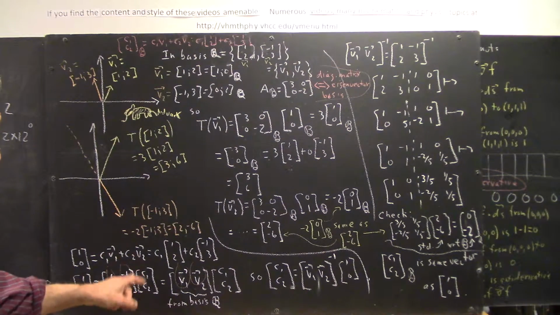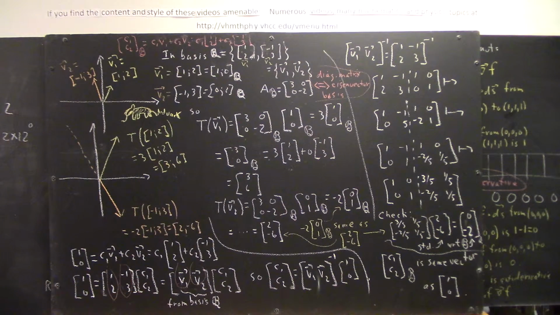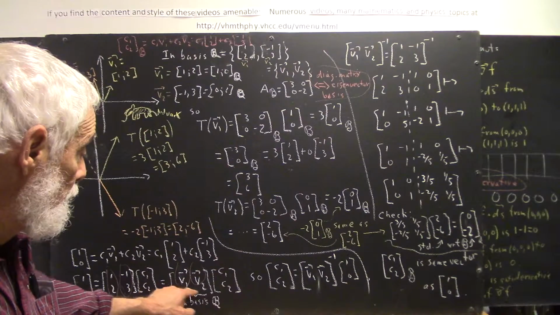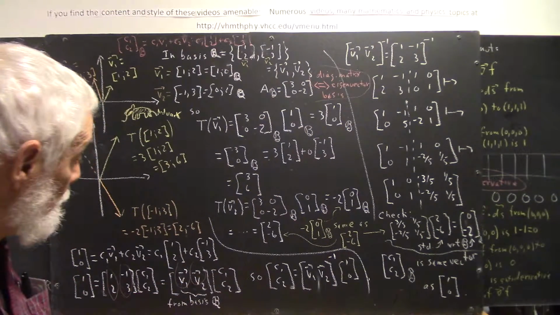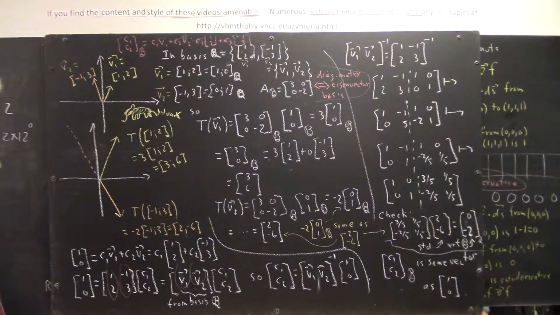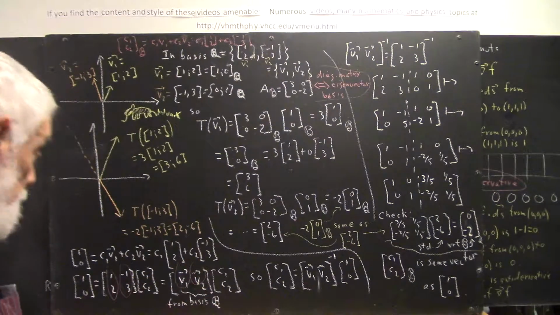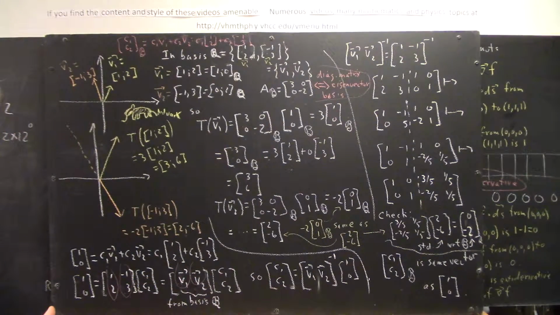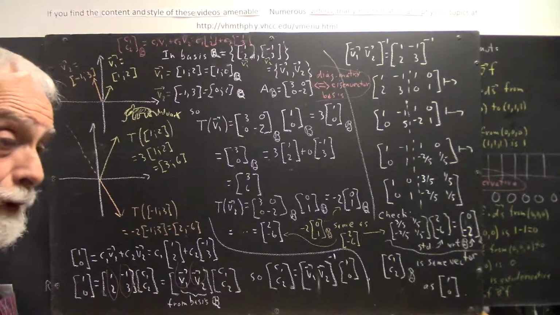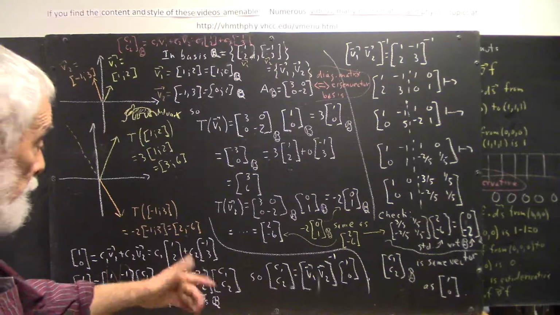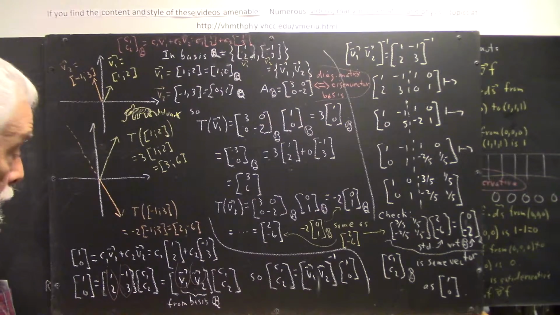To solve for C1 and C2, we just have to find the inverse of this matrix. Now, if these are basis vectors, then they are linearly independent, and if these vectors are linearly independent, then you're going to be able to reduce this matrix, because that means your column space has rank, whatever the rank of your matrix is.